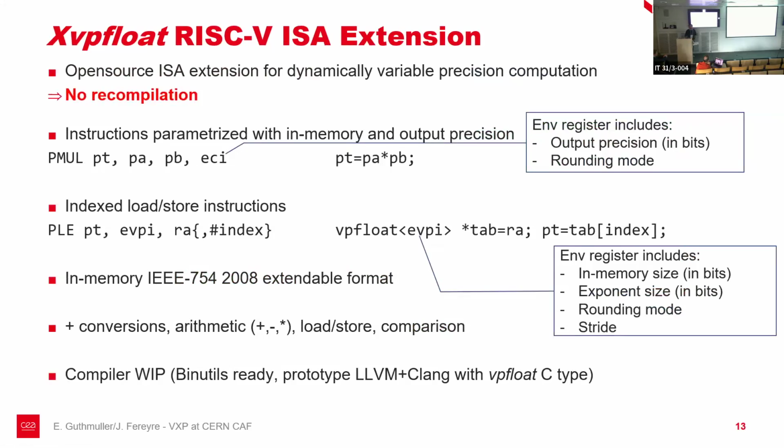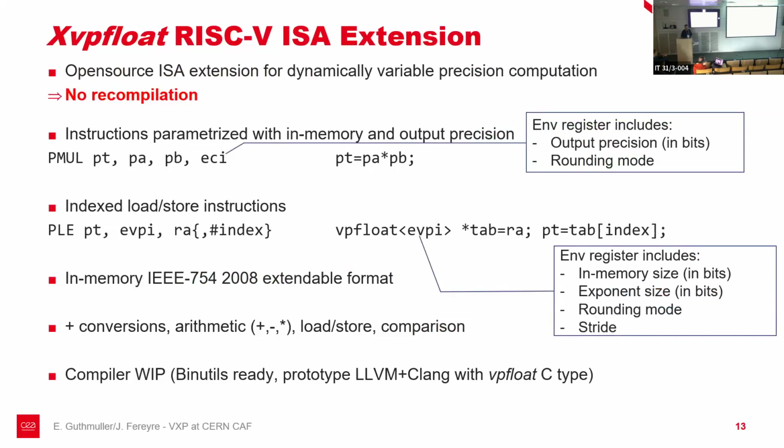RISC-V is nice in that you can add ISA extensions. So we propose a new ISA extension to support this extended precision computation. And again, the goal was to have no recompilation of the binary when you change precision.